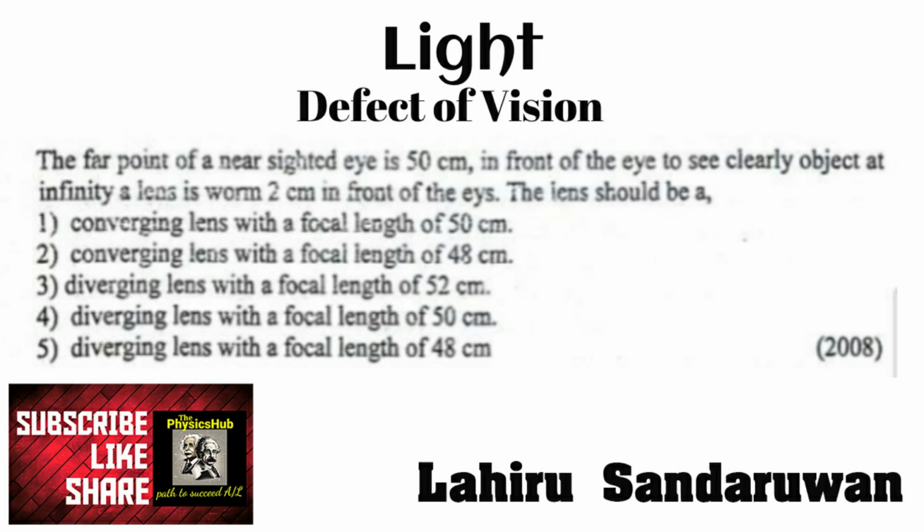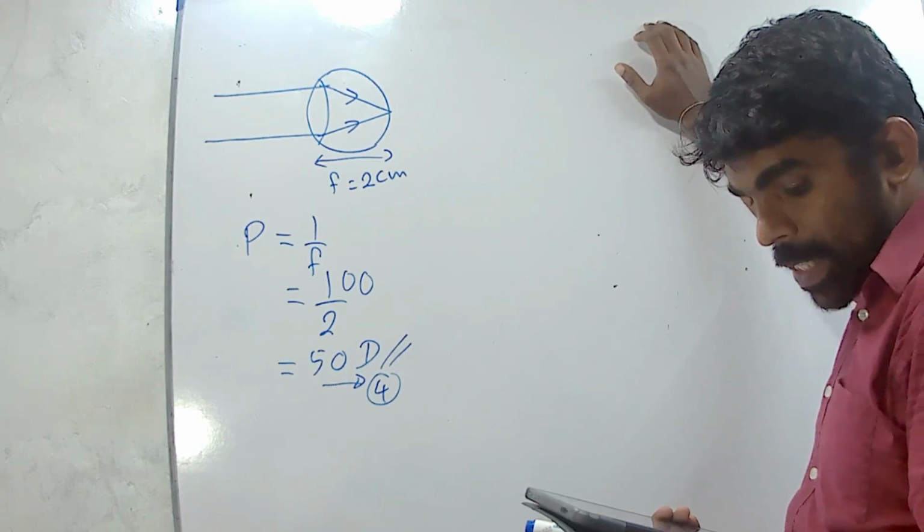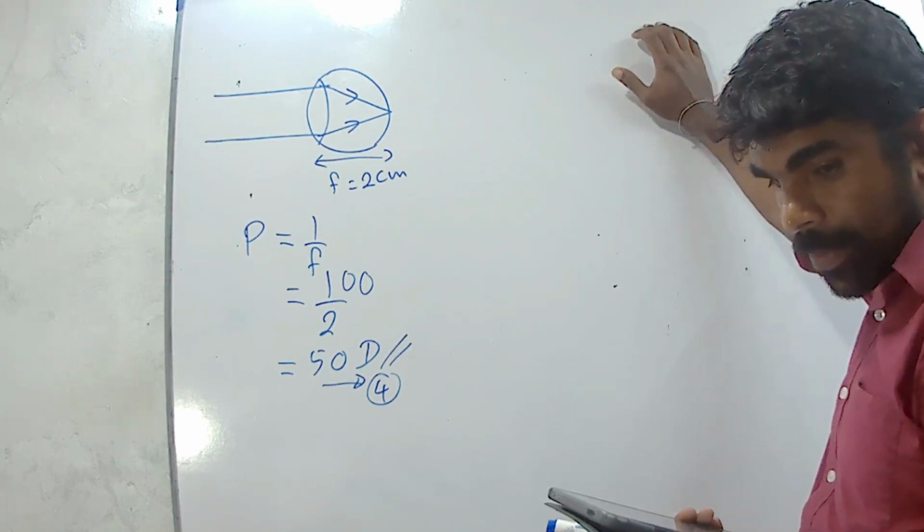The far point of a near-sighted eye is 50 centimeters in front of the eye. To see a clear object at infinity, a lens is worn 2 centimeters in front of the eye. The lens should be? We have to find the lens type and focal length.